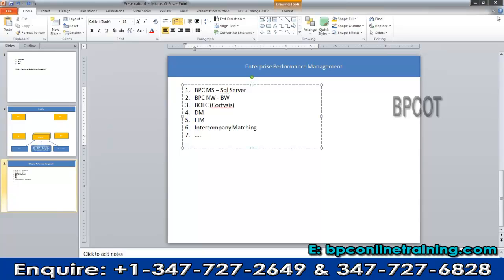Disclosure management is for your financial closing. When I say financial closing, you need so many reports, IFRS reports, US GAAP reports, whatever GAAP it is. You can use disclosure management and map the data to the specific format, that may be IFRS, that may be US GAAP.